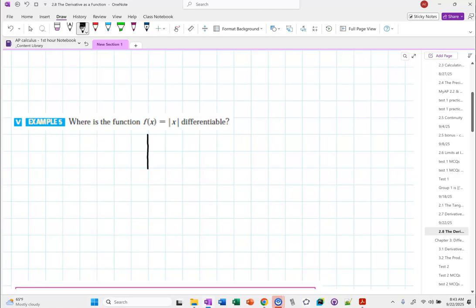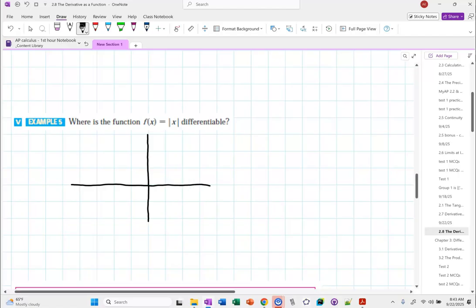So let's take a look at the absolute value of x. This is kind of your canonical example here.